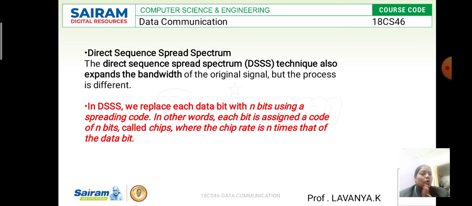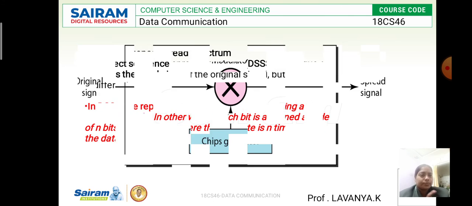Each bit is replaced with n bits using a spreading code. In other words, each bit is assigned a code of n bits called chips, where the chip rate is n times the data bit rate.